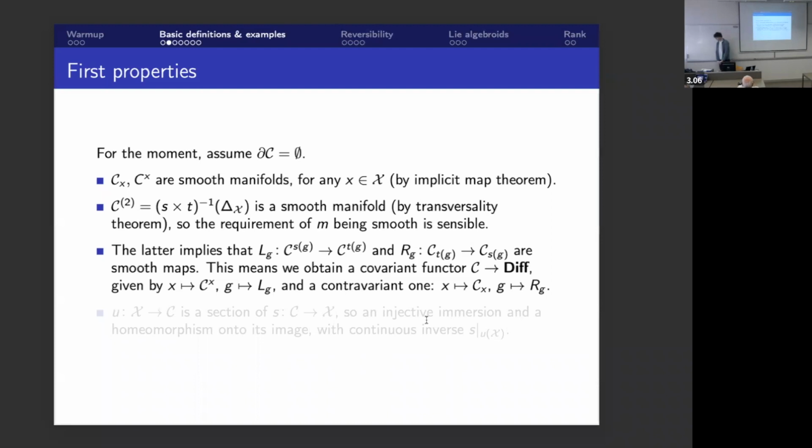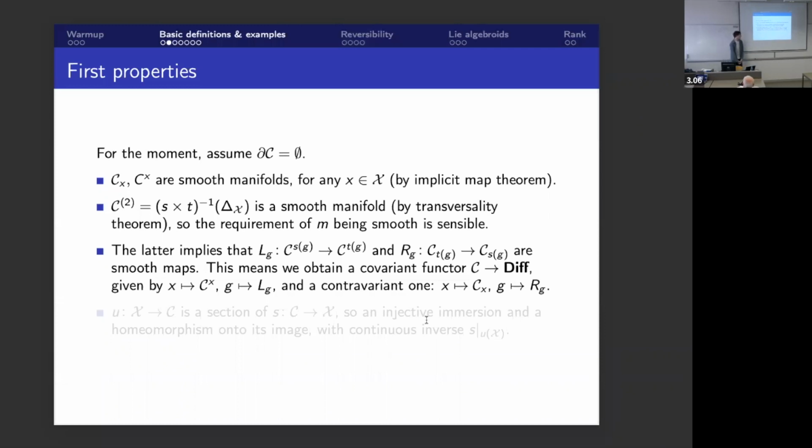Moreover, the pre-composition and post-composition maps automatically become smooth maps because they're just compositions of smooth maps, and in this way we obtain a covariant functor from C to the category of smooth manifolds, given on objects by X getting mapped to the target fiber over X, and G getting mapped to left multiplication.